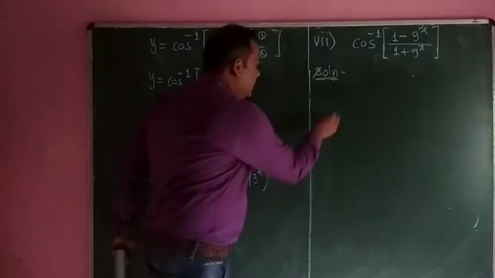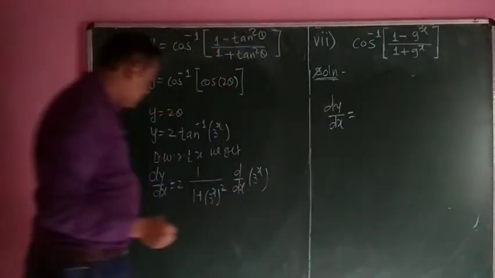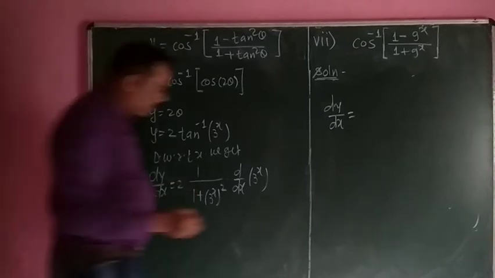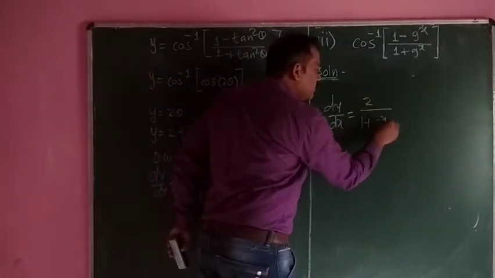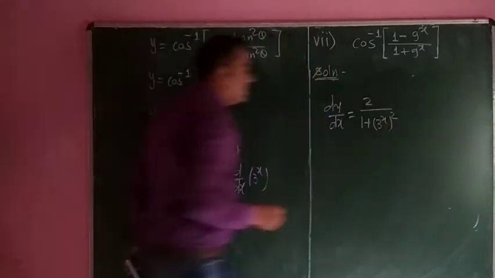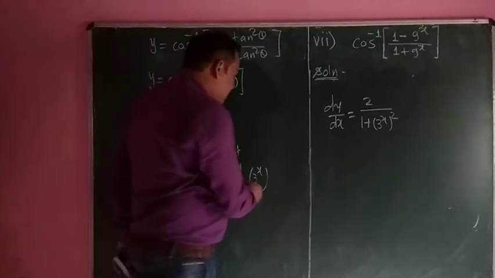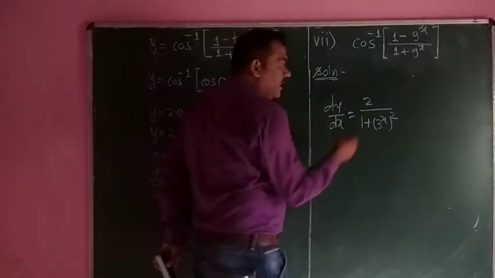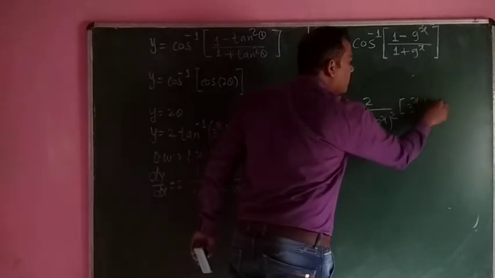So that we get dy by dx is equal to 2 divided by 1 plus 3 raised to x bracket square into d dx of 3 raised to x, which is nothing but the derivative of a raised to x, that is a raised to x into log a, that is 3 raised to x into log of 3.